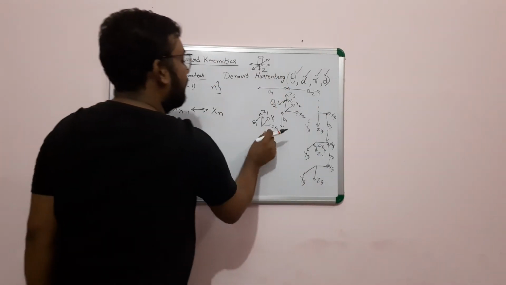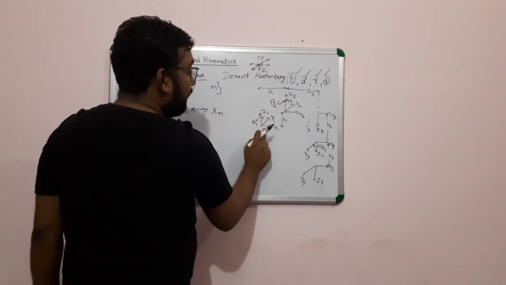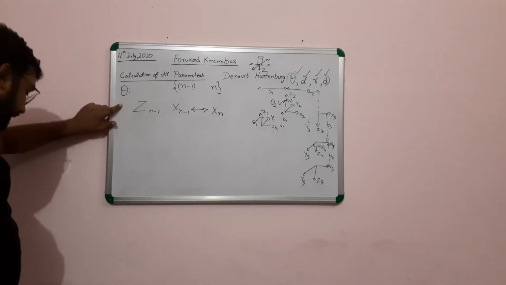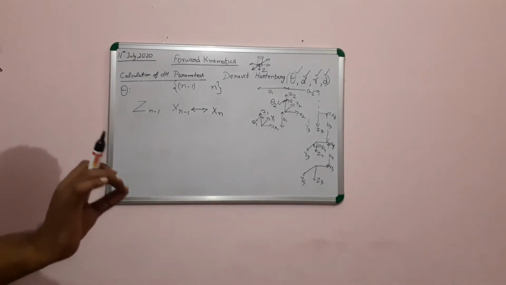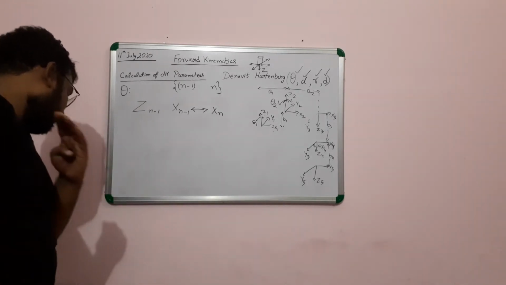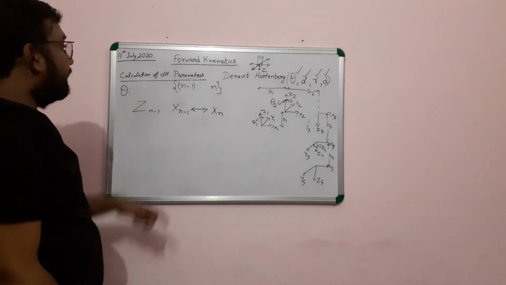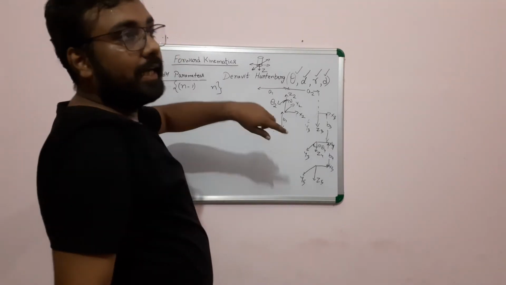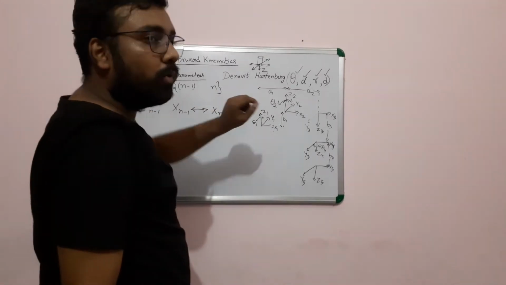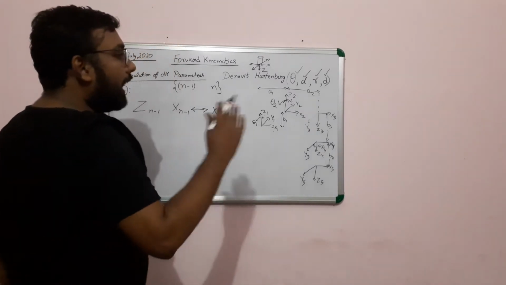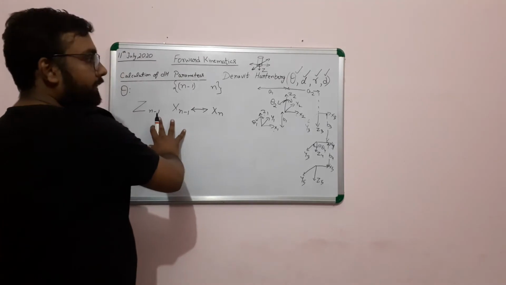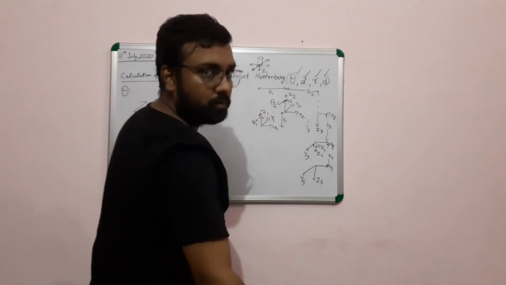So see, one more important thing while calculating theta is that we have to include any rotation of the joint. Like if z1 has any rotation in it, we have to add that rotation also. Along with what I have told here, we have to add theta 1 also.